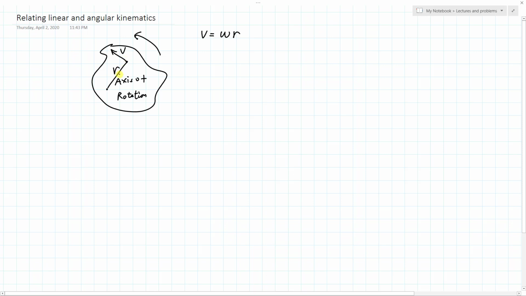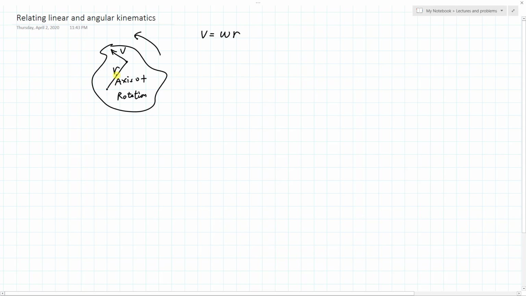So as you can imagine, if you trace this line back to the axis of rotation, this point does not really move. It could be rotating around itself, but it doesn't have a linear speed. It's not moving anywhere. So having less radius means having less linear speed, or even zero if you have zero radius.